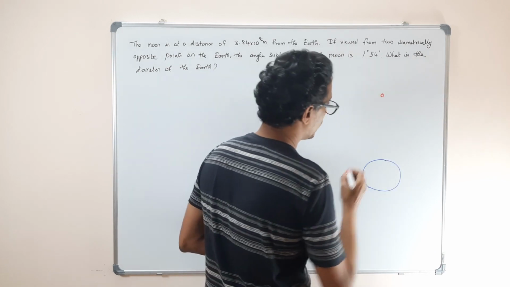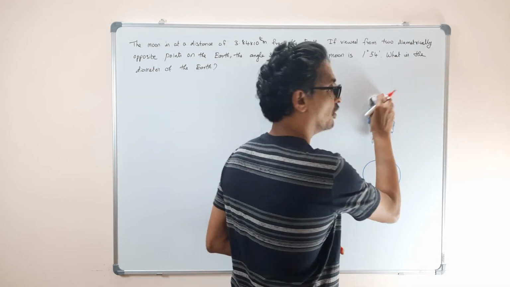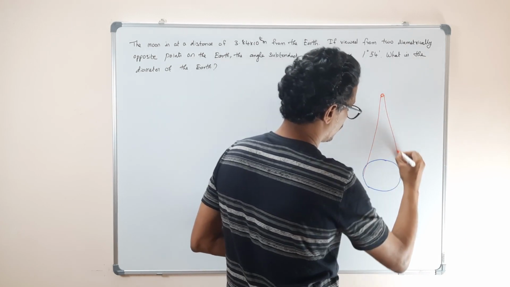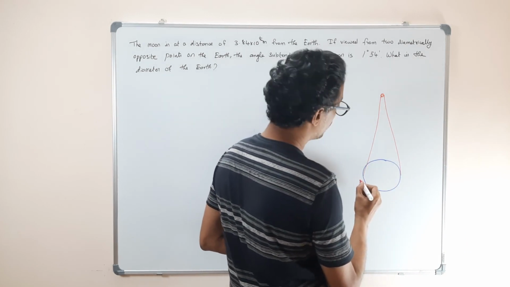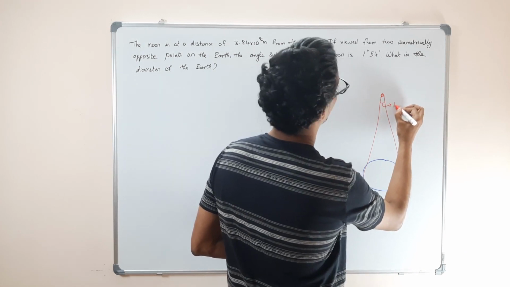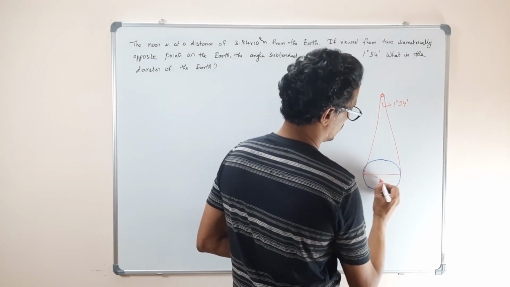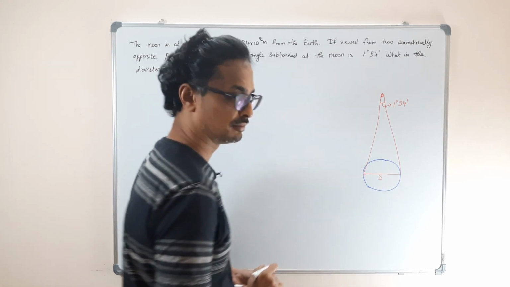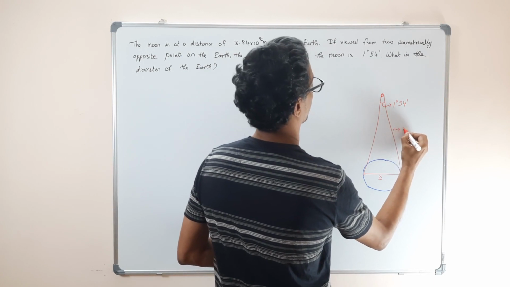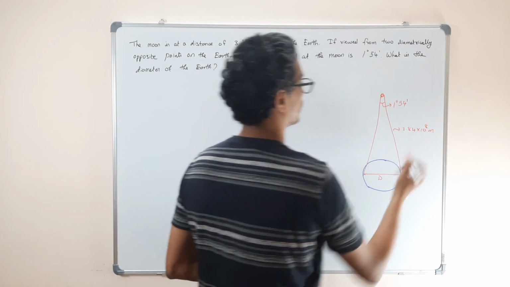What it says is, when you are looking from the two edges of the earth, the angle made is 1 degree 54 minutes. What you want to find out is the diameter of the earth, and this distance is given, correct? What is the distance? 3.84 × 10^8 meter.